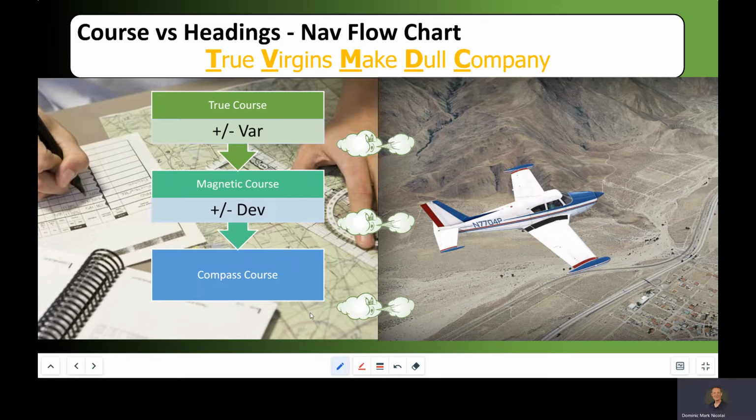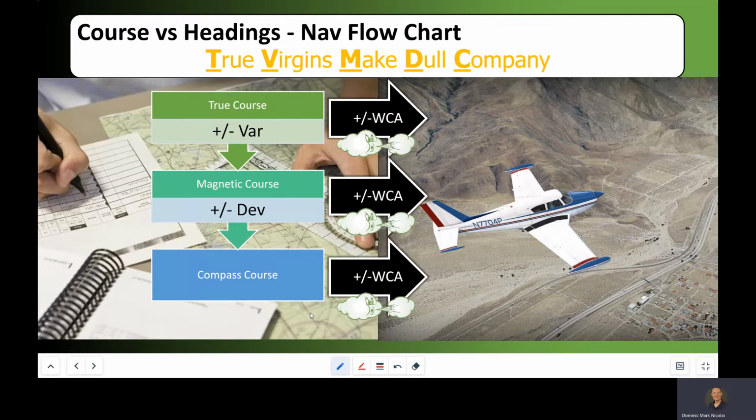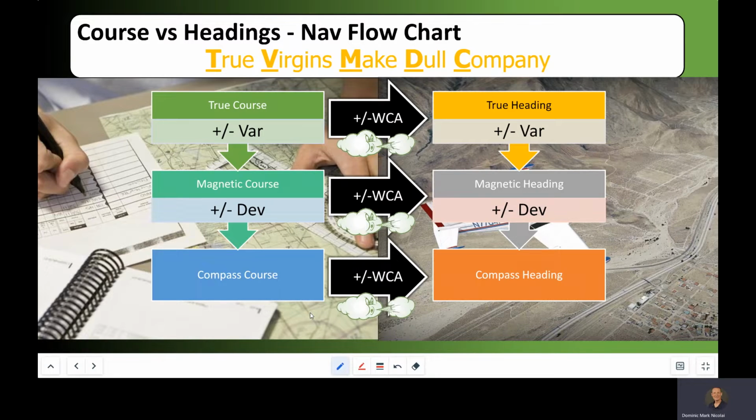All that planning we do on the ground is for naught if we don't plan for wind correction. So we convert over from planning a course to flying a heading. So a true course plus or minus wind correction angle would give us a true heading. And that's kind of the normal route you take on your nav log there.